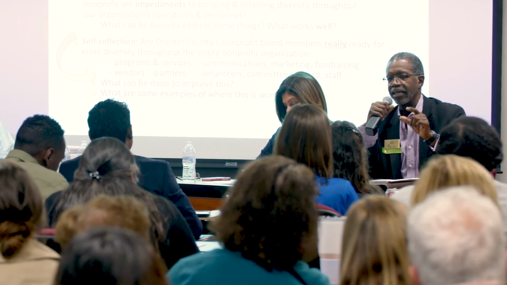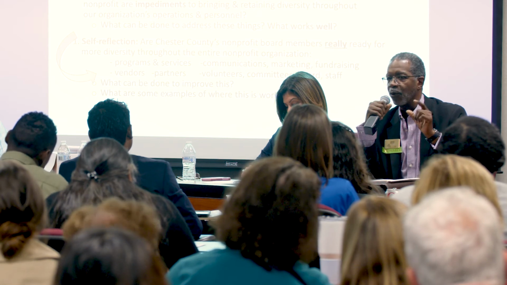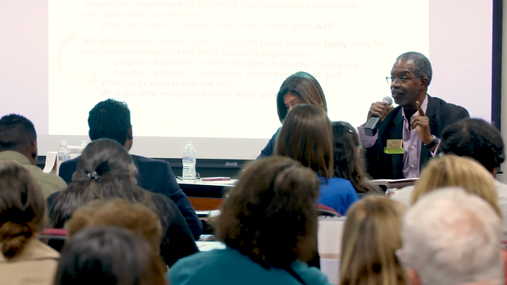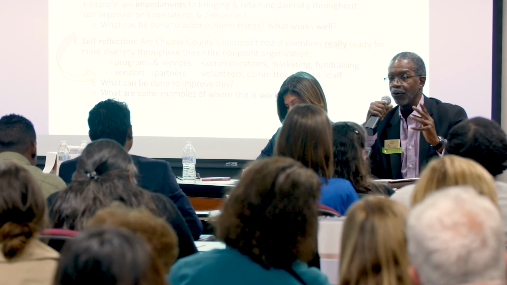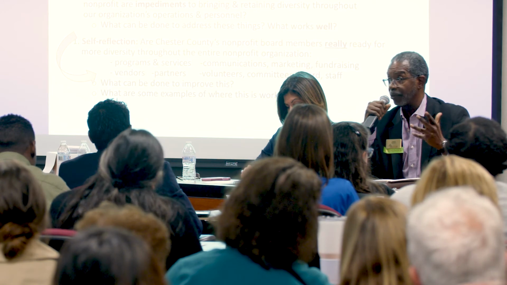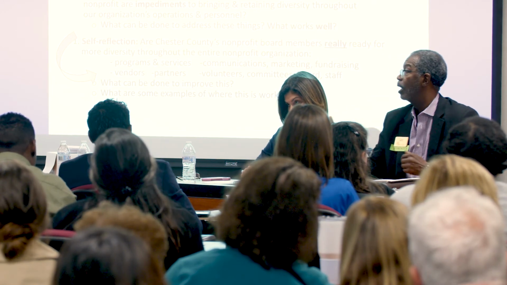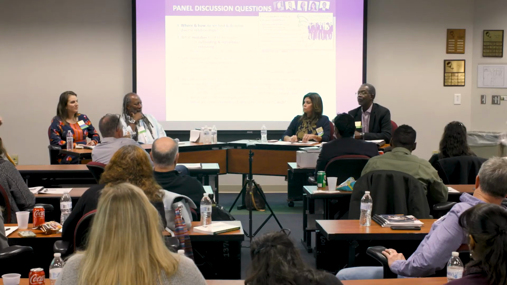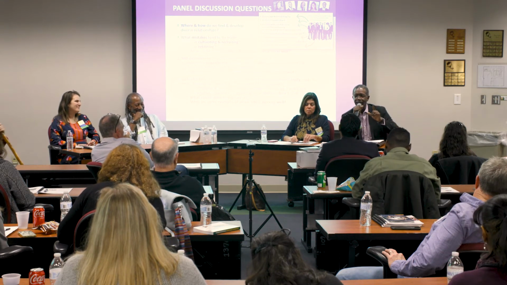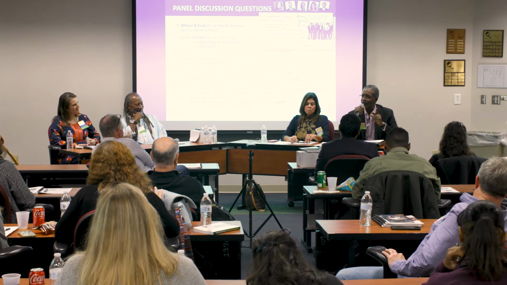This is all about saying, in our self-reflection moment, what can I do, not the board, what can I do to find ways to have a more diverse population that represents the people that we truly serve? What can I do? So, first thing you can do is say, who do I know in my circle?